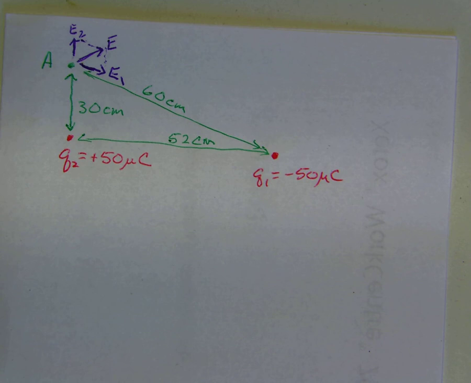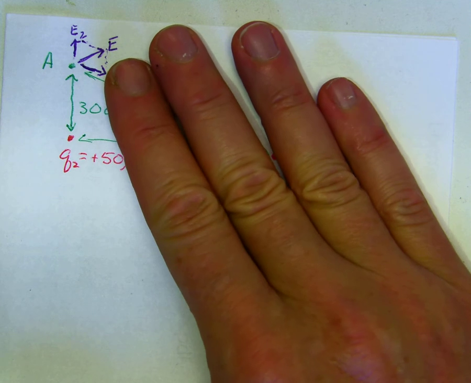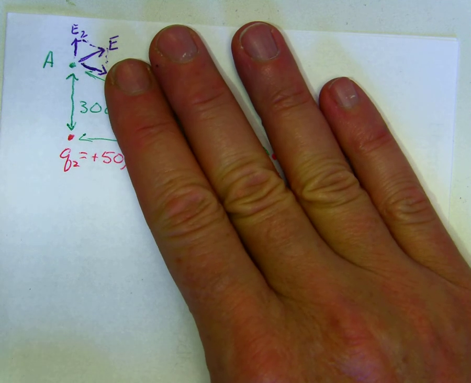All right. Now, let me start with Q2. If all we had was Q2, which direction is the electric field? Up. So all in the y direction.